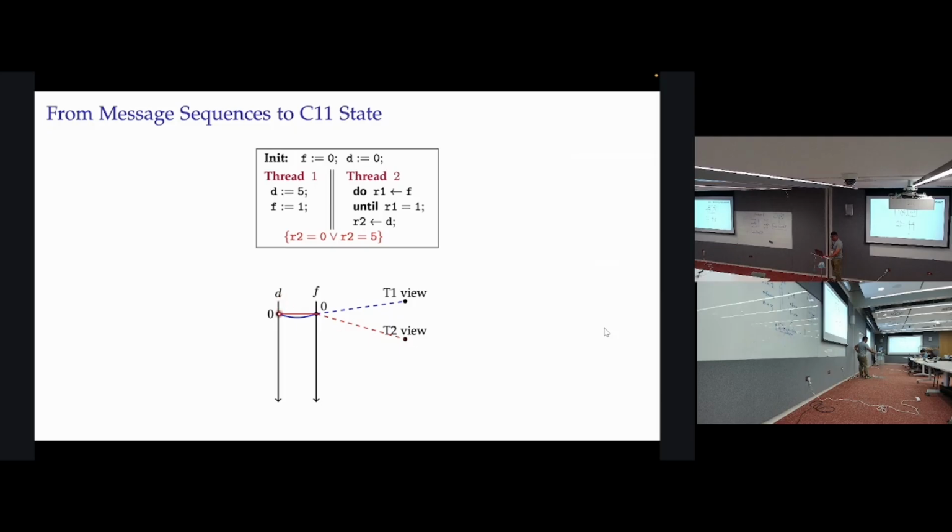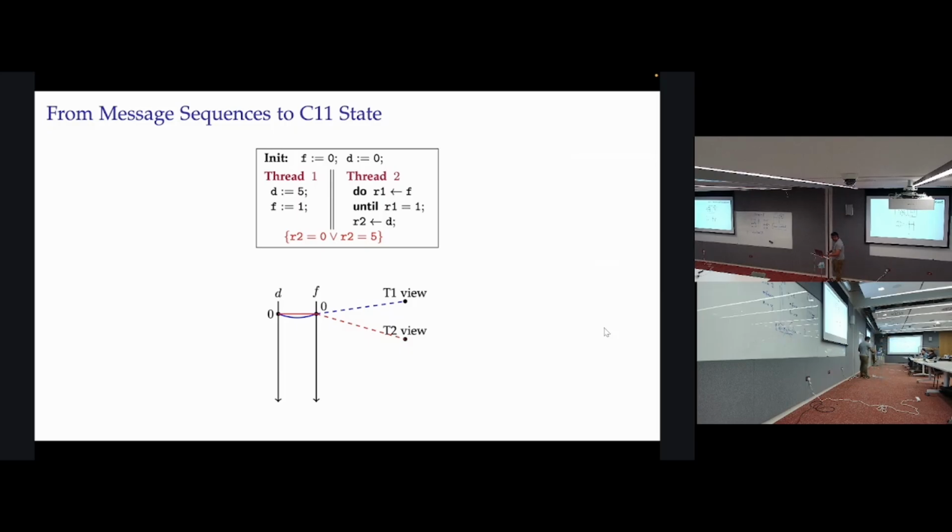So we have an ordering for D and we have an ordering for F. This is the initial state, so the only values that D and F can take are 0, and we have a point in time at which they occurred. Make sense?